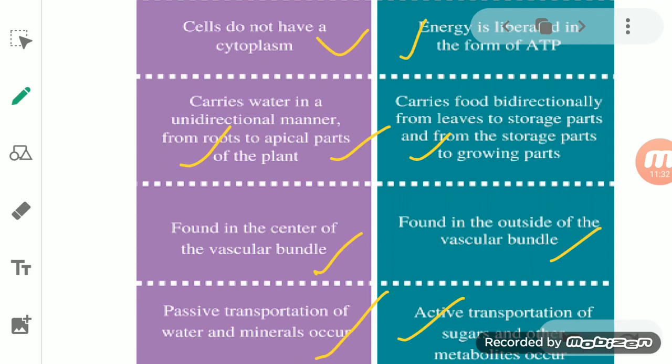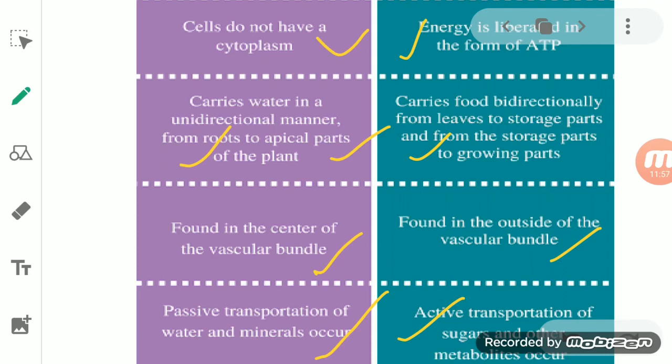The movement occurs due to the transpiration pull. But you see what happens in the phloem. Phloem transports the sugar and other metabolites that help in releasing the energy.